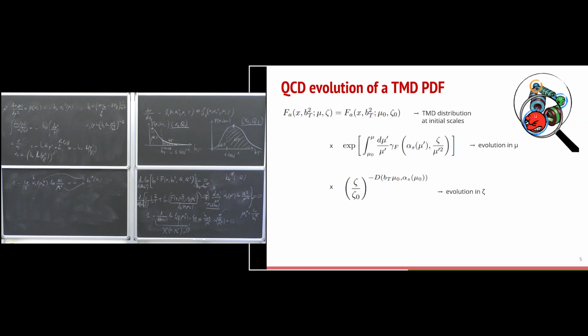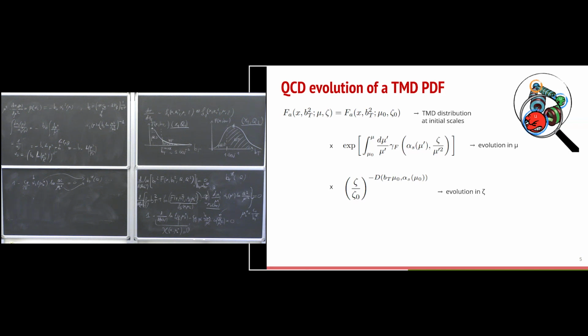So this looks like a simplistic calculation, but it's actually what you can find in the original paper by Parisi and Petronzio, the 1979 paper, and the paper by Collins, Soper, and Sterman in 1985. They did exactly the same thing, but at the level of the cross-section.